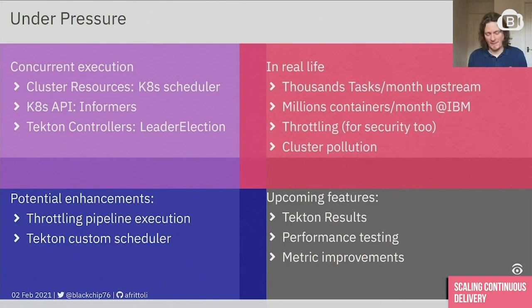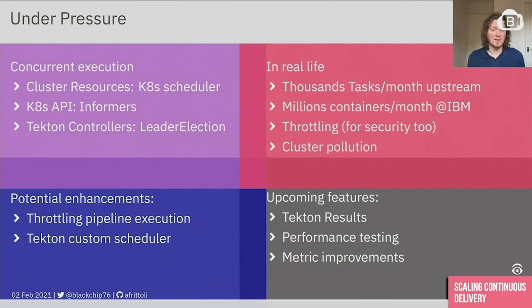And one of the things that is very important when working with Kubernetes is to use informers. So we had to change a few things over time to make sure that all the requests to the Kubernetes API go through a cache of the API so that we don't hit the API directly, because that would have a really negative impact on scalability when you start having many pipelines running concurrently.